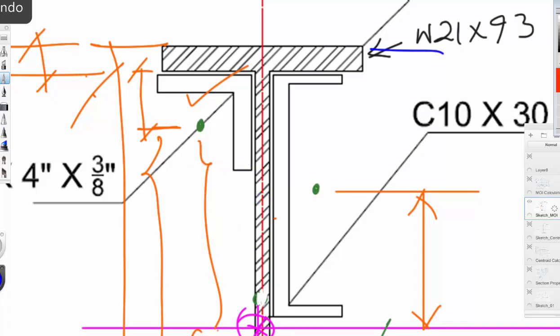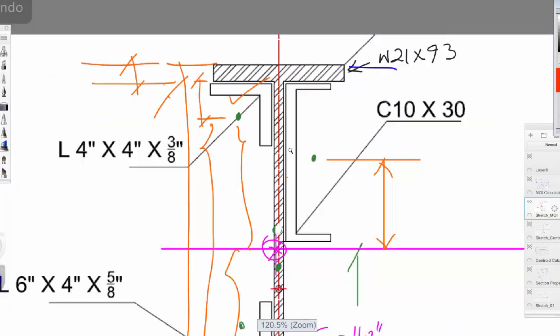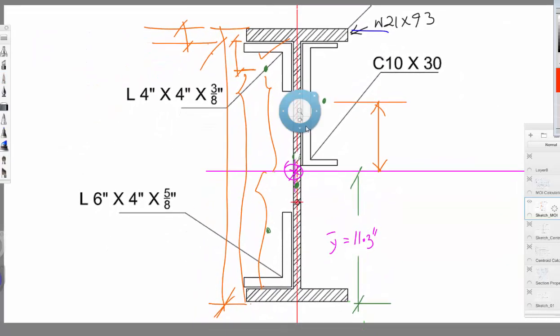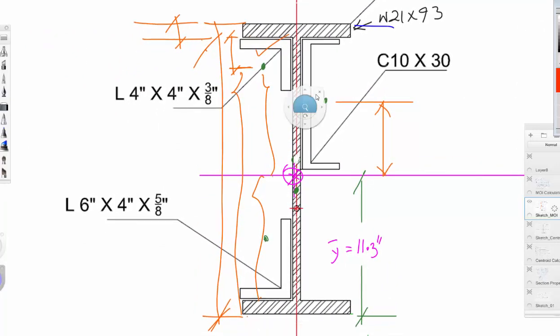Then the last thing left for us is this channel, this angle line at the bottom. And again, we need to get the x distance from here to here. Same story. It will be this x distance plus half the thickness of the web minus 0.079. That's for the x.